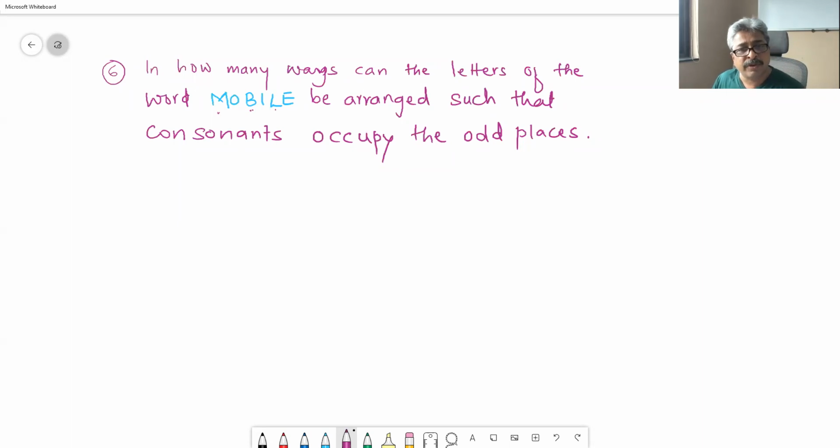Suppose the question was only up to this: in how many ways can the letters of the word mobile be arranged, full stop. It was a very easy problem. 6 letters, all distinct, 6P6, which is 6 factorial upon 6 minus 6 factorial, which is 6 factorial upon 0 factorial.